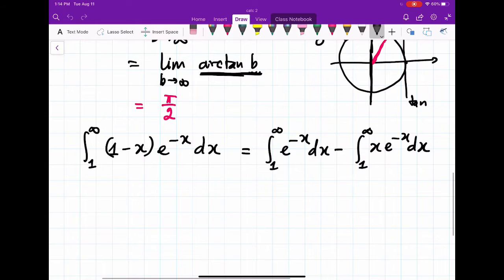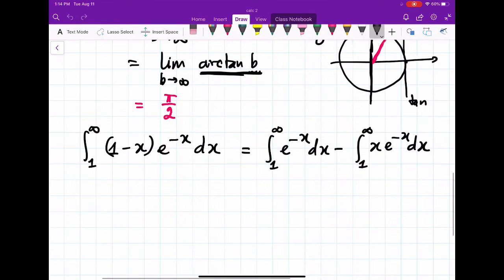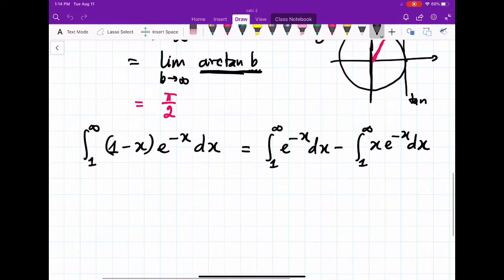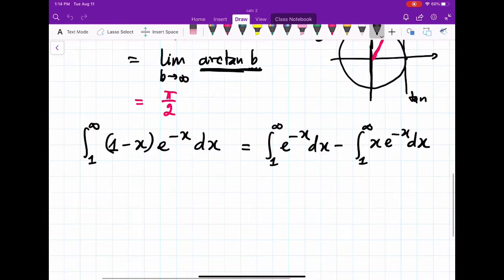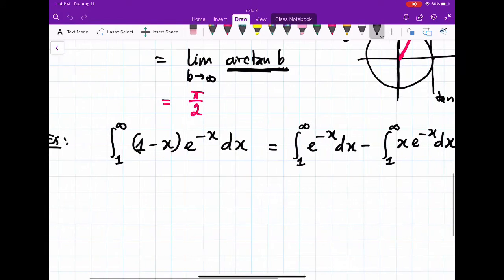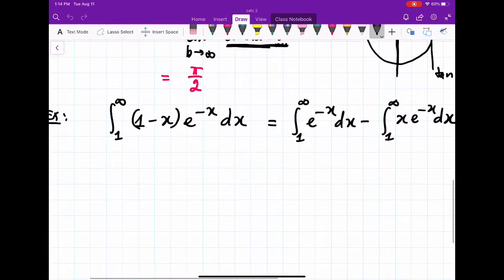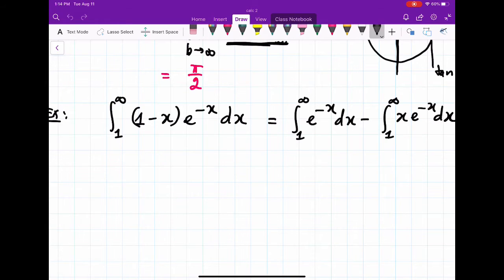How to say about convergence or divergence of this function if we want to use similarity? So let's do that first, before we evaluate this, because otherwise, if the integral diverges, so that is just infinity. Is that correct?